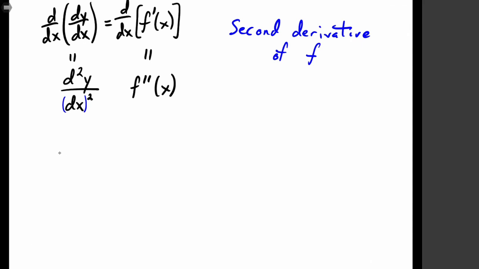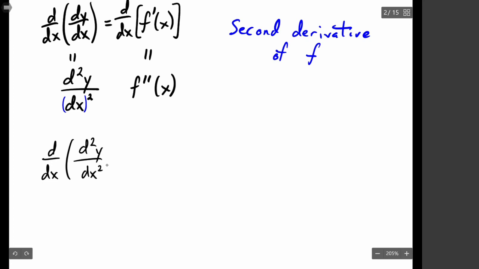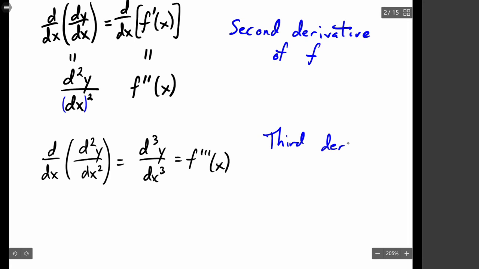If we do d dx applied to d squared y dx squared, this gives us d cubed y dx cubed, or what we'll call f triple prime of x, and this is a third derivative of f.